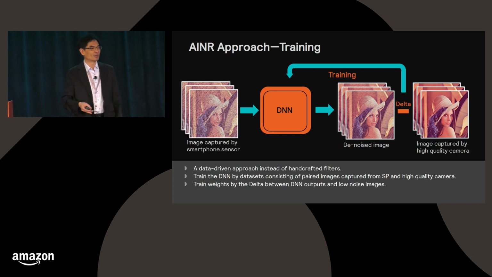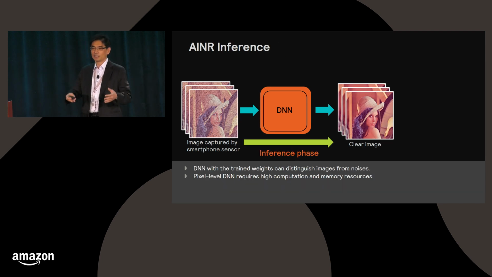When it converges, that means the output of the deep neural network looks like the high-quality camera. That's the approach that we used. So when the training finished, you get the network that is ready for use, right?